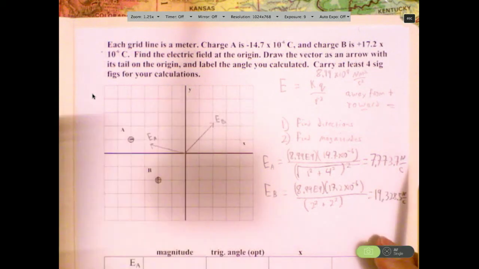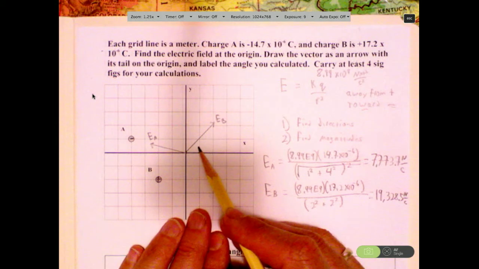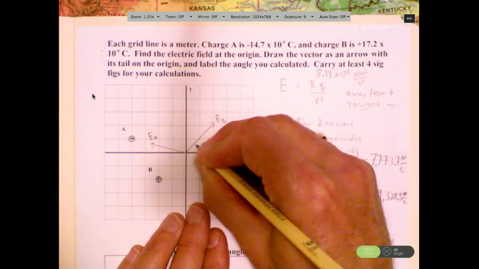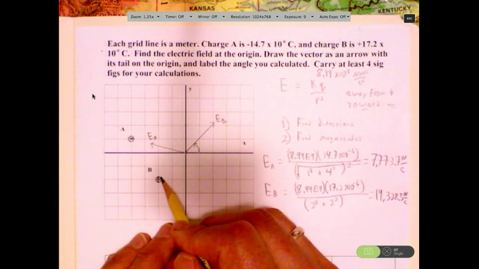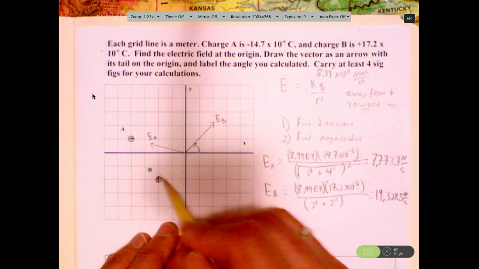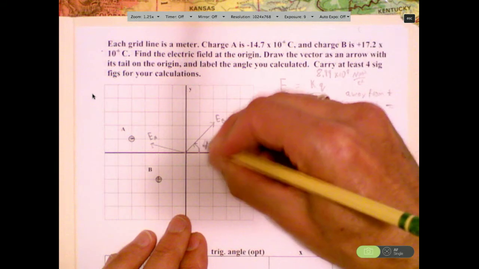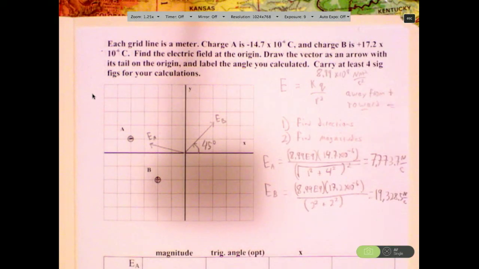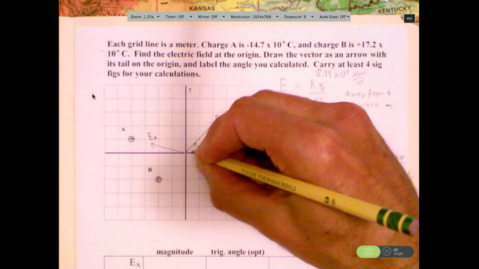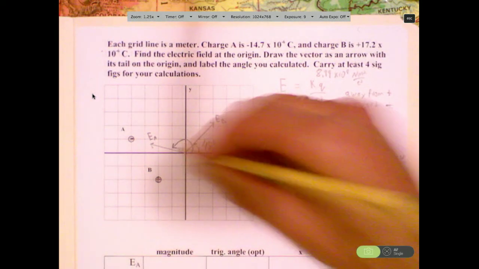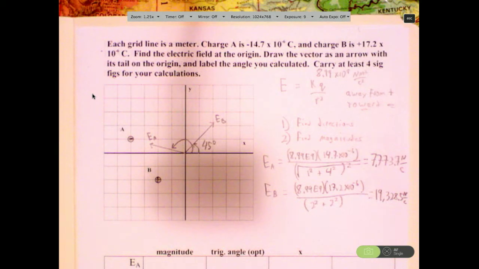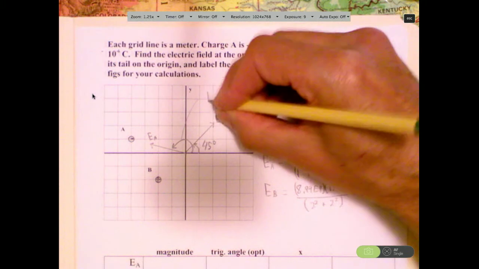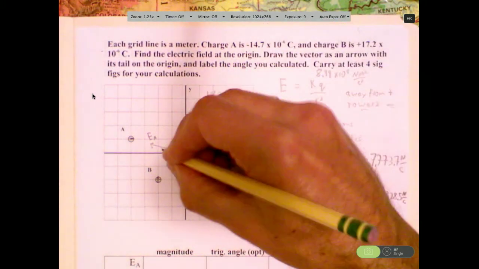Now we've got to figure out the directions, and we've got to figure out a trig angle. For B, this is easy. If you look at that, it's the opposite angle, 2 and 2, so that's got to be 45 degrees. And then A is going to be this angle here. To figure out that angle, it's going to be 180 minus whatever this angle is here.